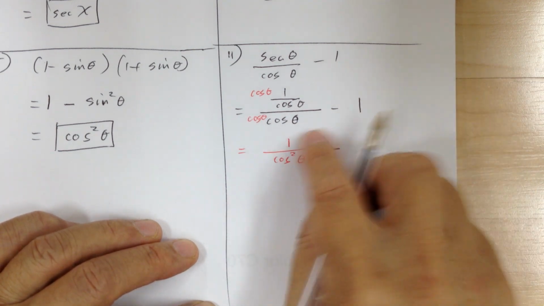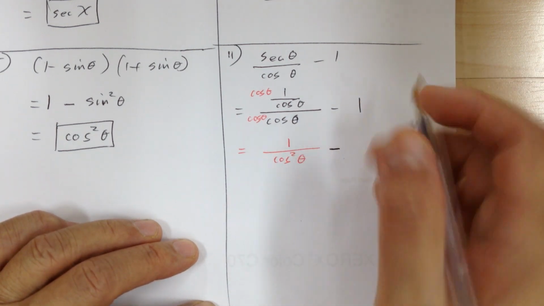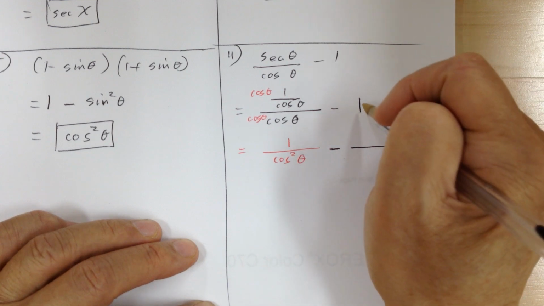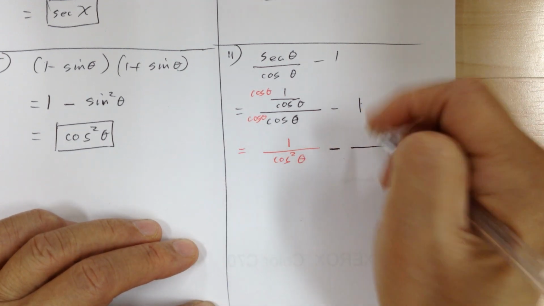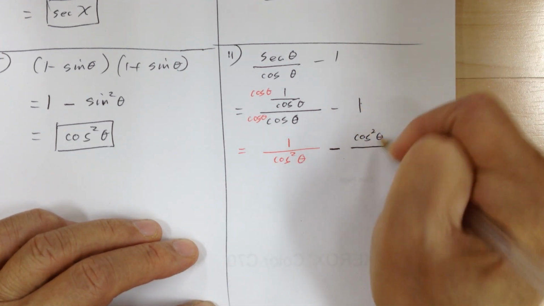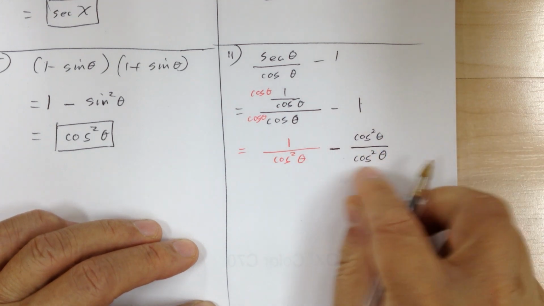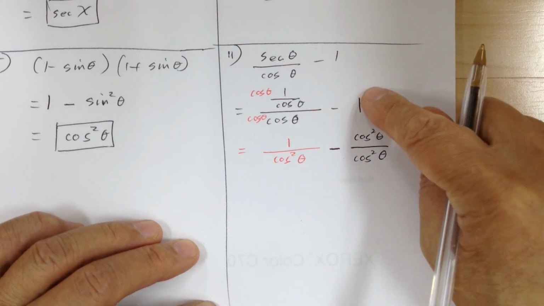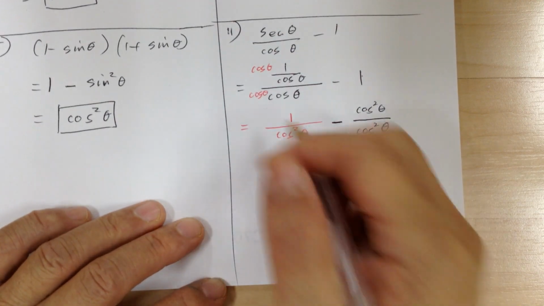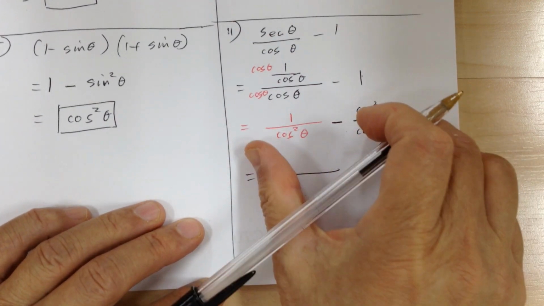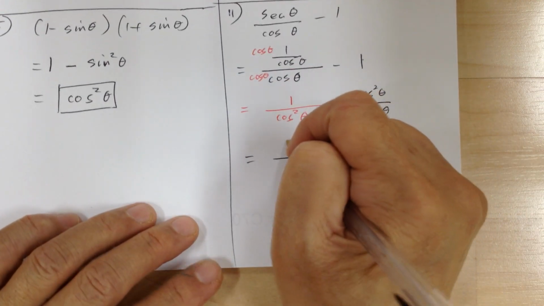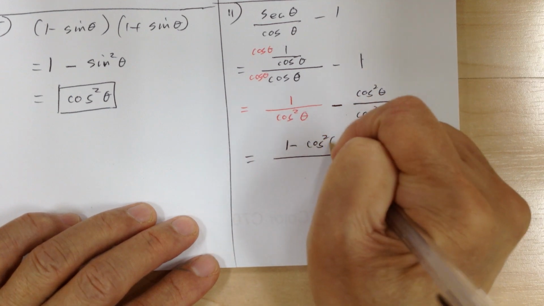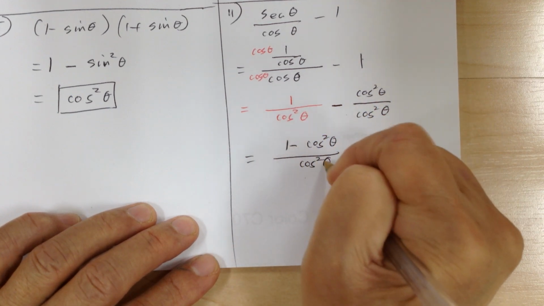Now since we're going to subtract fractions, we need to get a common denominator. Notice it's cosine squared, so I'm going to make the 1 into cosine squared theta over cosine squared theta. So I get a common denominator. Now we can combine this together. On the top, I get 1 minus cosine squared theta over cosine squared theta.